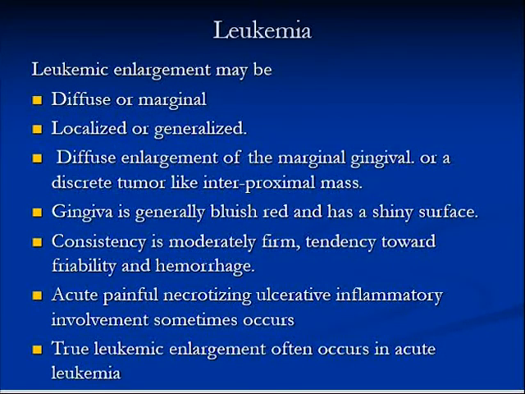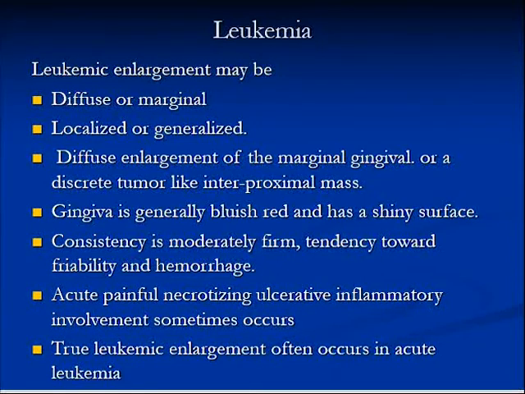Next is enlargement due to leukemia. Gingival enlargement in leukemia is diffuse or marginal and can be localized or generalized. The diffuse gingival enlargement is associated with overgrowth of the gingival mucosa with an oversized extension of the marginal gingiva or a discrete tumor-like interproximal mass. The affected gingiva is mostly bluish red in color with a shiny surface.